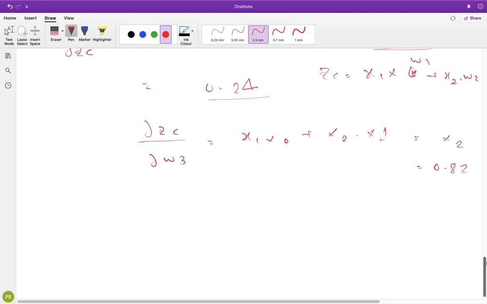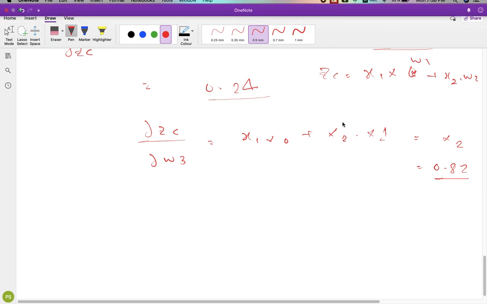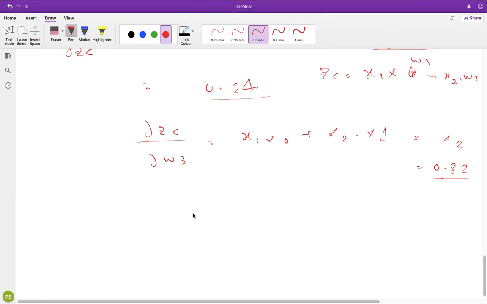When we write this, we get that dZc by dw3 is 0.82. So when we plug in all these values, we can write here dw5.